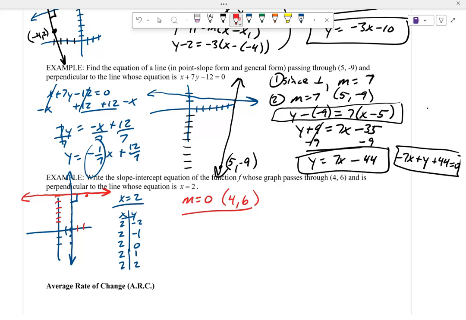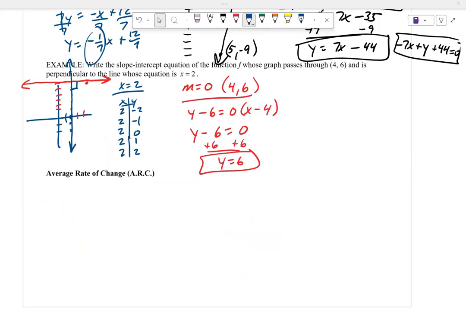So now y minus y1 equals slope of 0 times x minus x1. Well, 0 times anything is 0. So now I'm just going to solve for y. I'm going to add 6 to both sides, and you've got the equation. That's the equation of a horizontal line: y equals 6. Y is always 6, doesn't matter what your x is. So that's that red horizontal line.